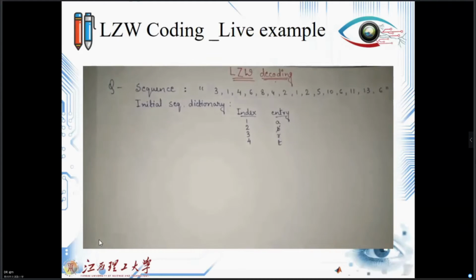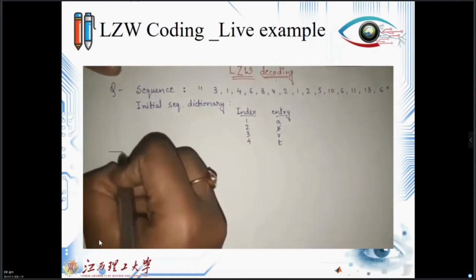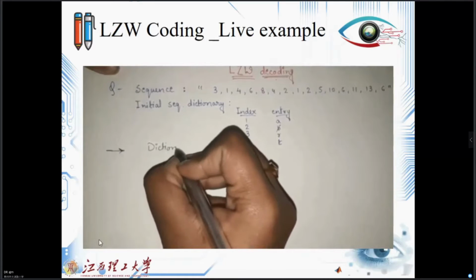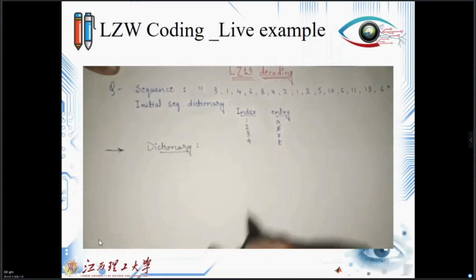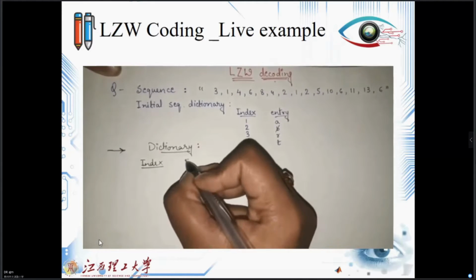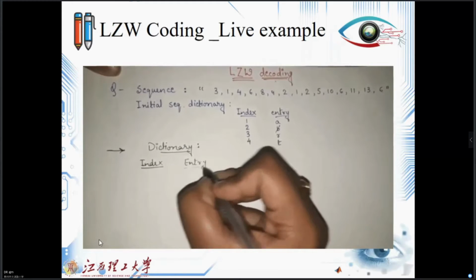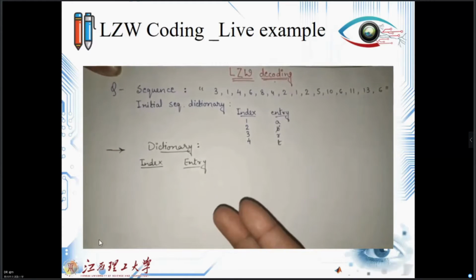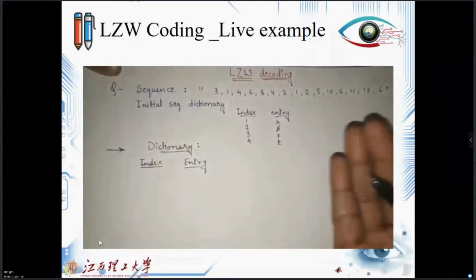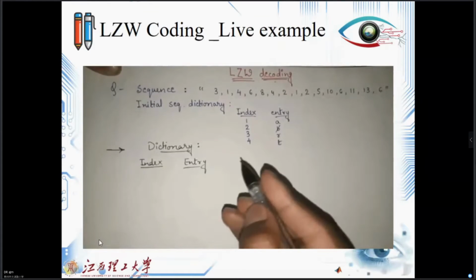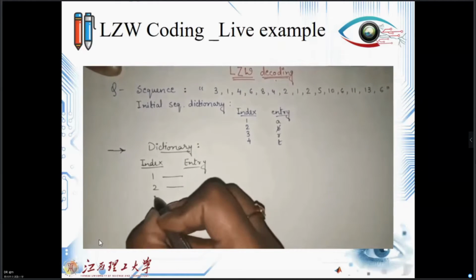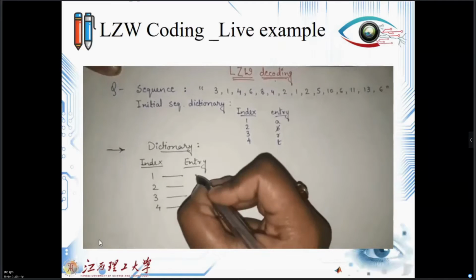Okay. First, we will start in this decoding. We will build the dictionary. Again, we will write the dictionary at the index and entry. In this method, we will update the dictionary and we will also see the sequence and go on with this. See. Dictionary 1, index 3, and index 4, which is entry to A, B blink, and R and T.